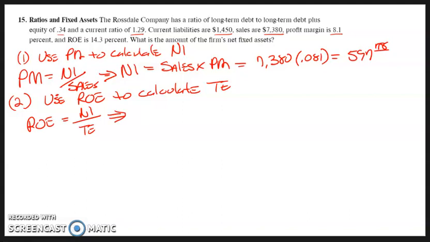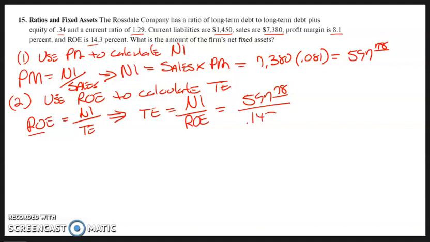So total equity is just net income divided by ROE. We divide 597.78 by our ROE of 14.3%, 0.143, and that gives us a total equity of $4,180.28.